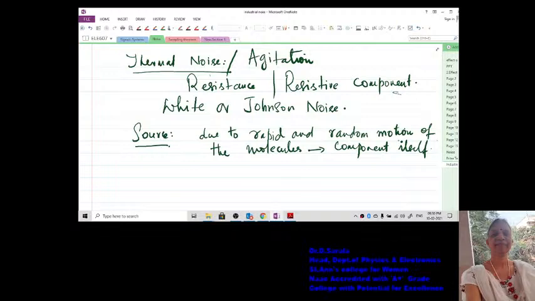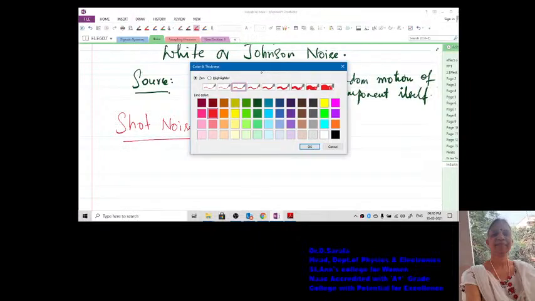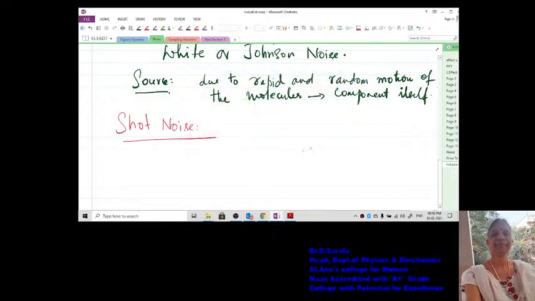So now let's see the next noise that we are talking about, which is shot noise. What is meant by shot noise?